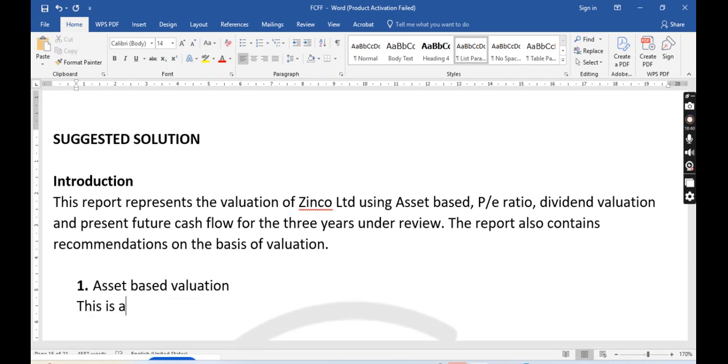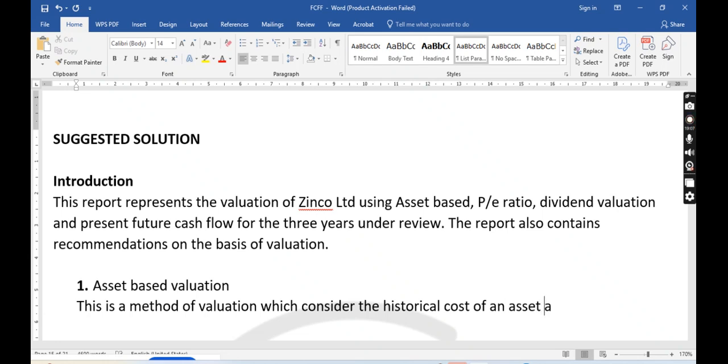This is a method of valuation which considers the historical cost of an asset, as well as liquidation and replacement cost. I'm just explaining.